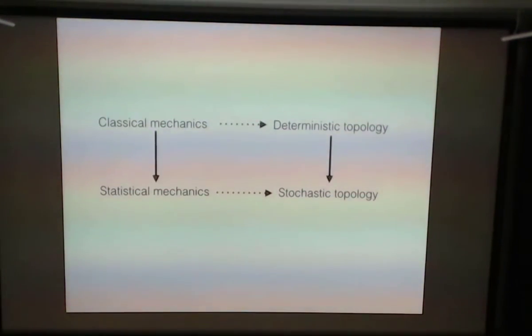What are large random spaces? What is stochastic topology? And of course, there are many different answers, and some talks of this conference provide completely different approaches, which is okay, which is fine, which is normal.